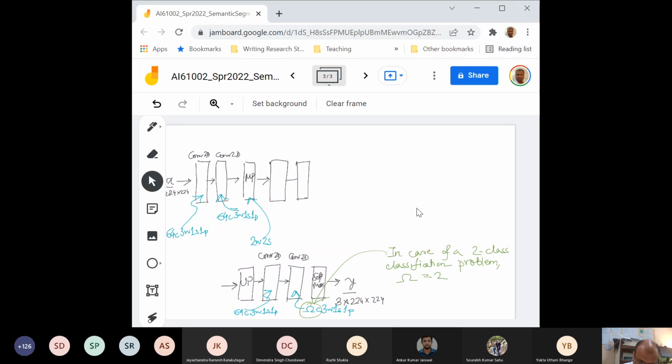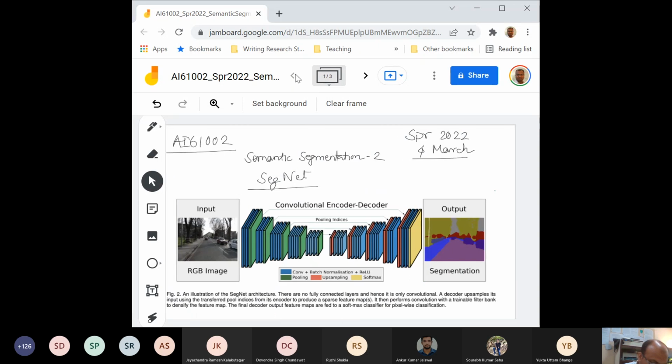Okay. So now comes the next part of the problem, which is what this unpooling is going to do. If you go back to this diagram, you will see a very interesting thing: there is a pooling index transfer.